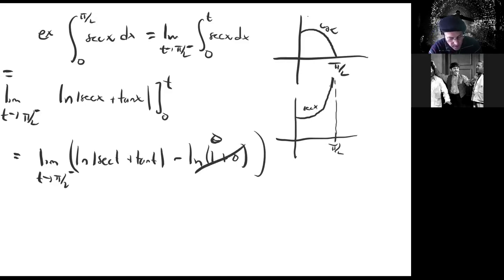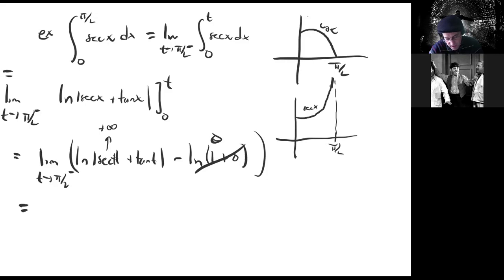Okay, so now what happens as t approaches pi over 2 from the left? Well, what happens to secant of t? Secant of t is going off to plus infinity, and ln of something that's getting big is also getting big.